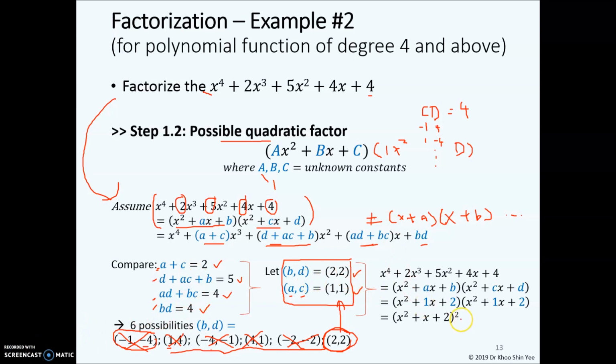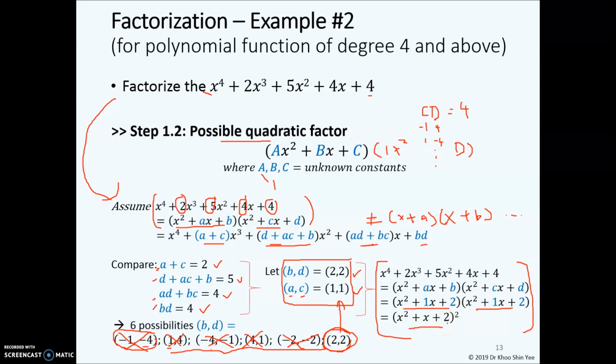Once you solve it, you can substitute a, b, c, d into the equation. Your a, b are 1 and 2, your c, d are 1 and 2. After you substitute, you see that these two terms are the same, so they can be multiplied together to get a square.